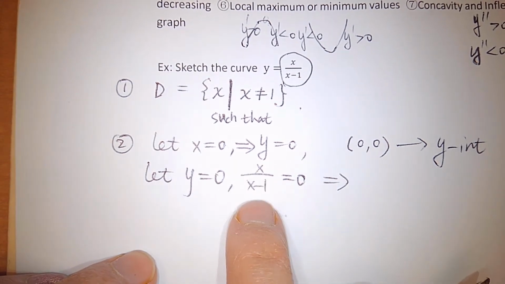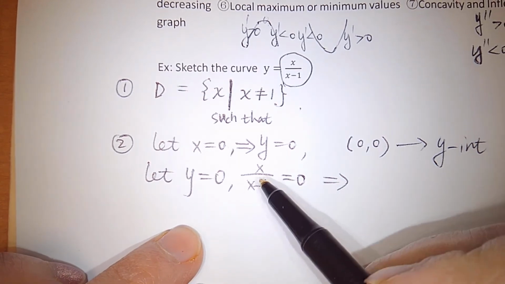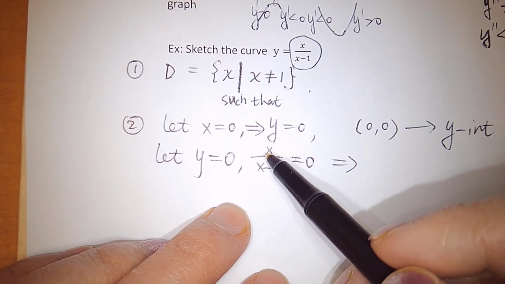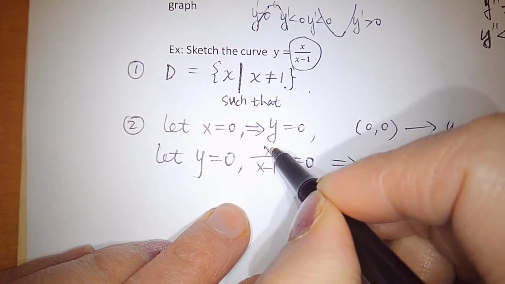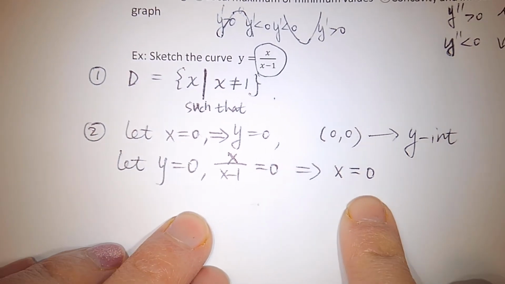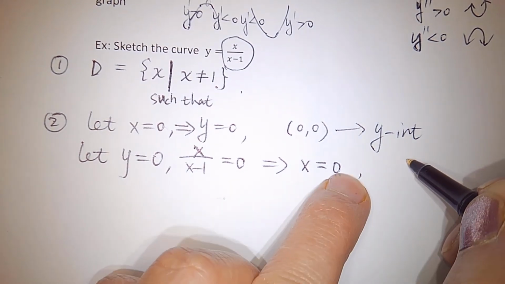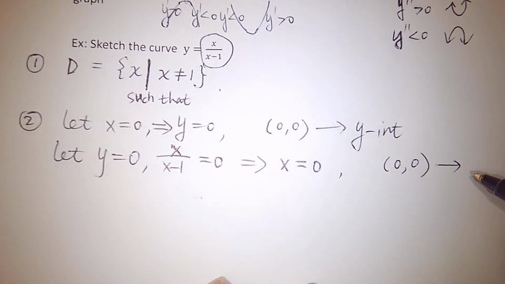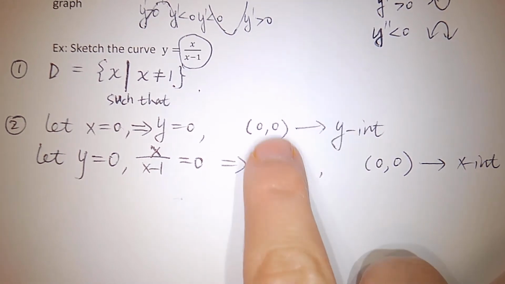What kind of x value will make a fraction equal 0? The numerator has to be 0 because 0 divided by any non-zero number gives us 0. So if the fraction equals 0, numerator has to be 0, right? So 0, 0 will be the x-intercept. Oh, both x and y-intercepts are origin, right?